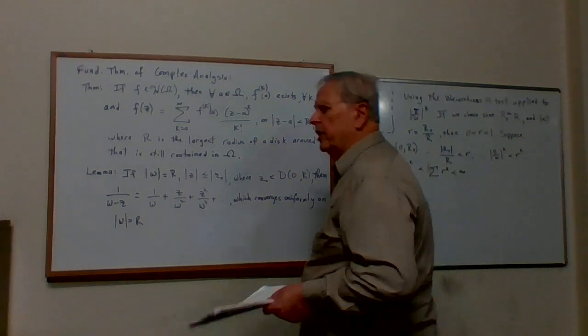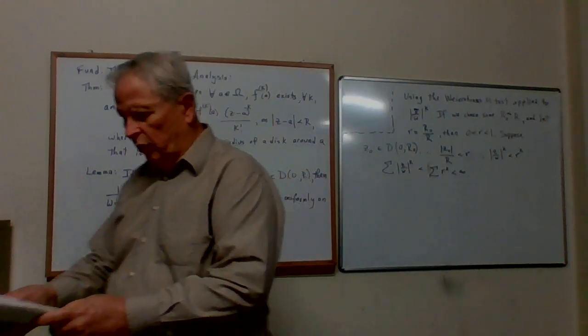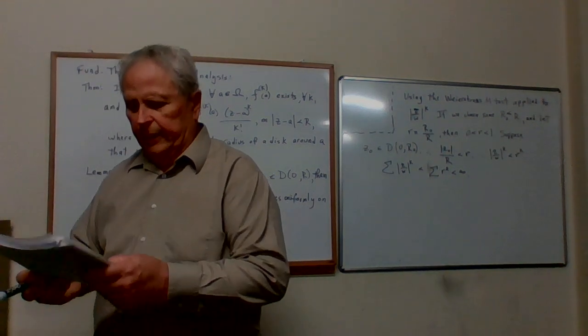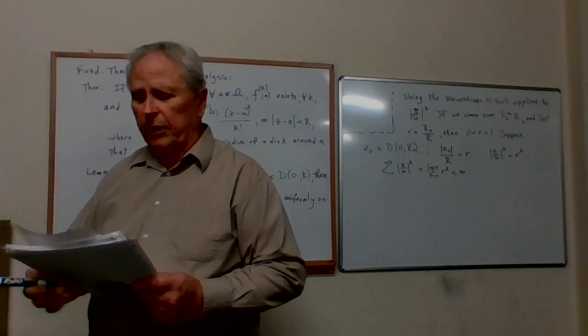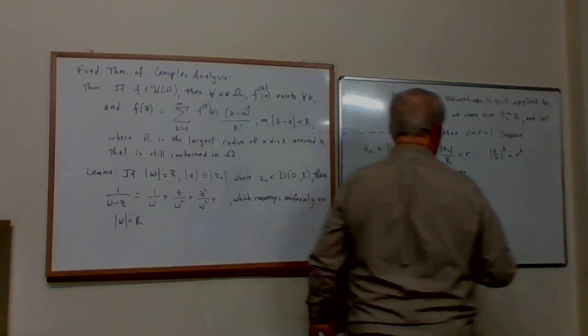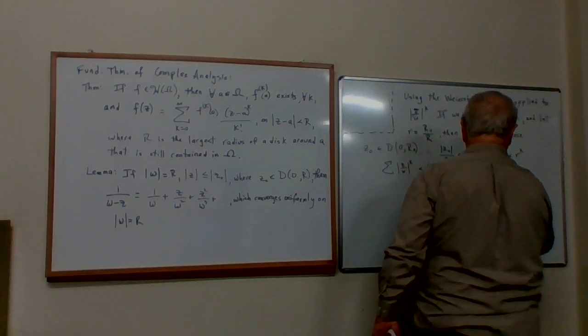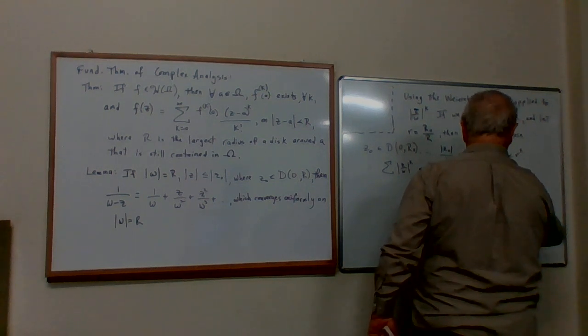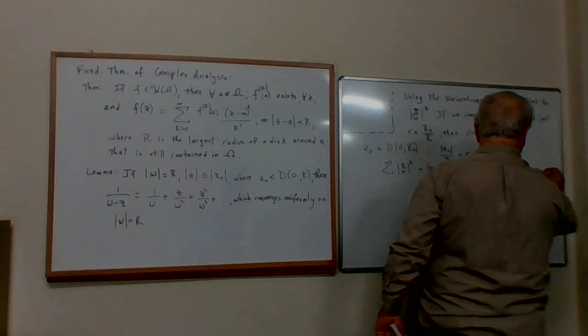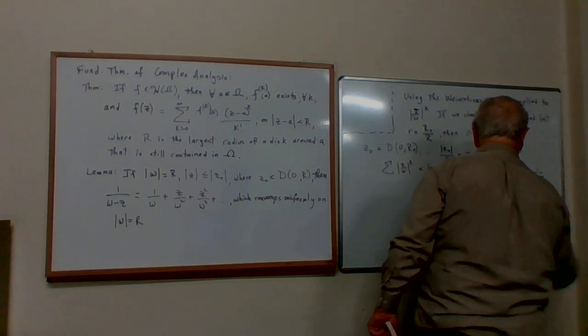We're going to have to end there because it's about time for class to be over, and there's a little bit of arithmetic left. Now, very little arithmetic. In fact, the sum of r to the k is equal to 1 over 1 minus r.